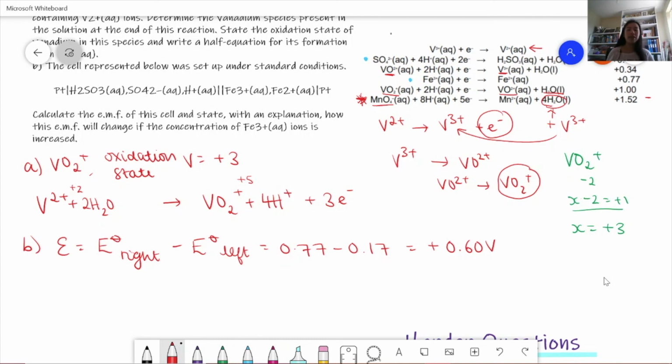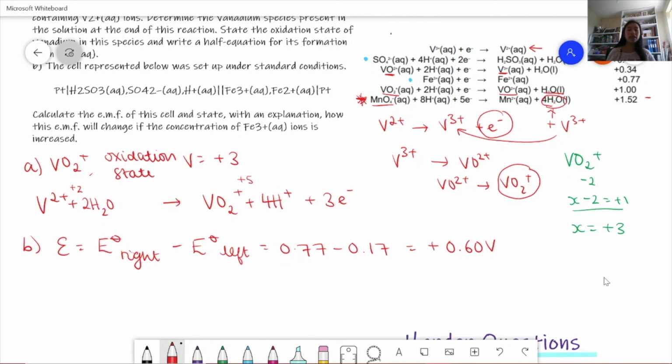And so what happens is that, firstly, the H2SO3 and SO42- half cell is reducing the Fe3+ to Fe2+. So it's reducing the Fe3+ ion by giving it an electron to form the Fe2+ ion. And so if we increase the concentration of Fe3+, that means there are more of them to accept electrons. And so they accept more and more electrons, and that makes its standard electrode potential even more positive.